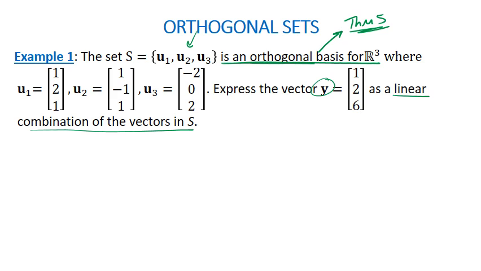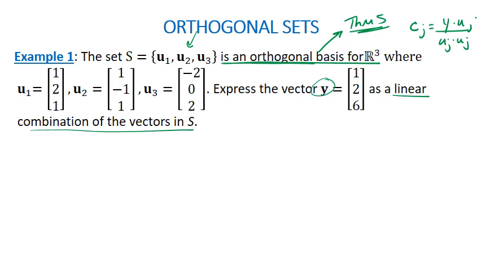What we need to do is find all of the different weights, and the way we're going to do that is to use this formula in order to find the weights.